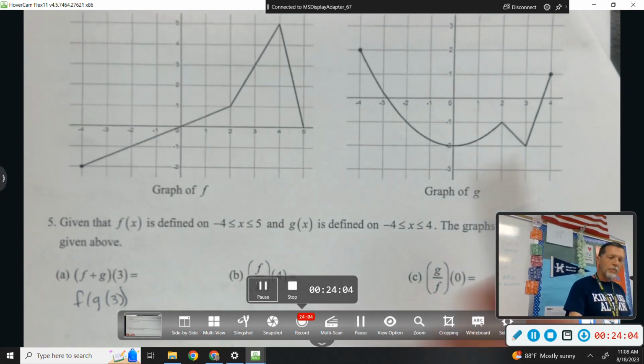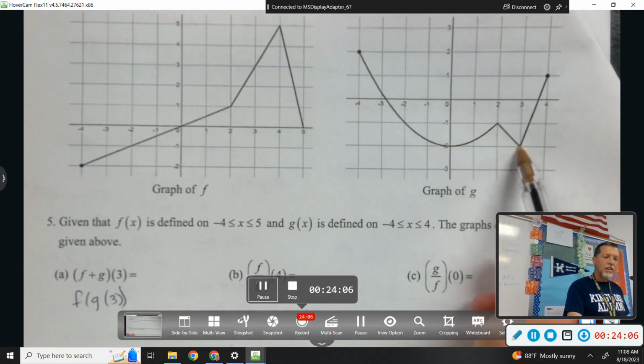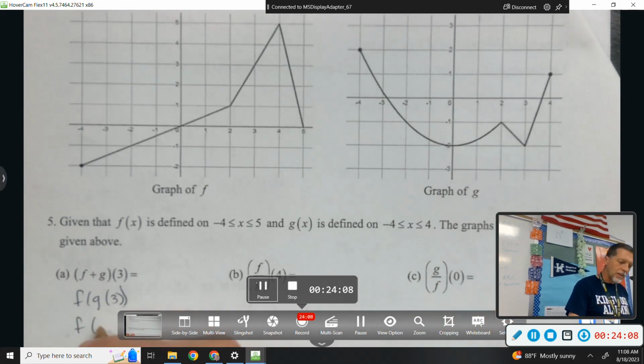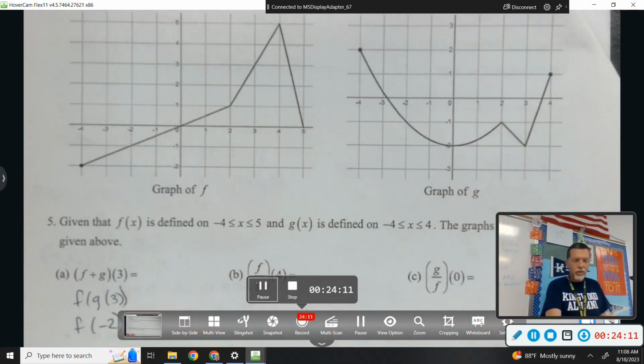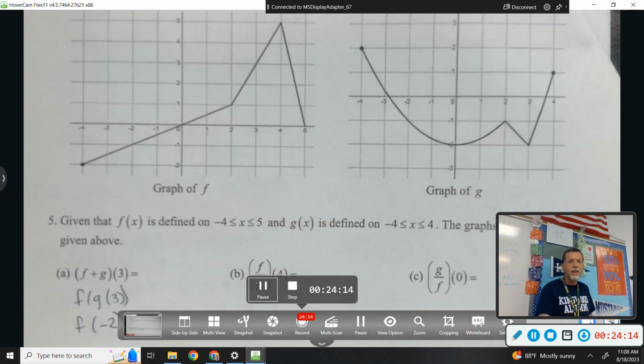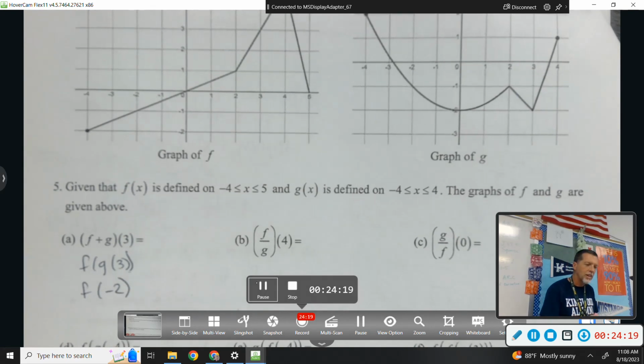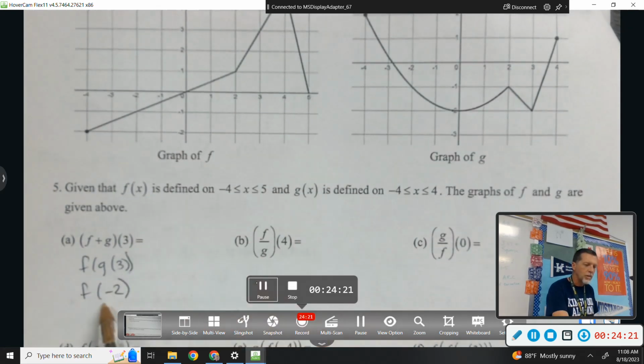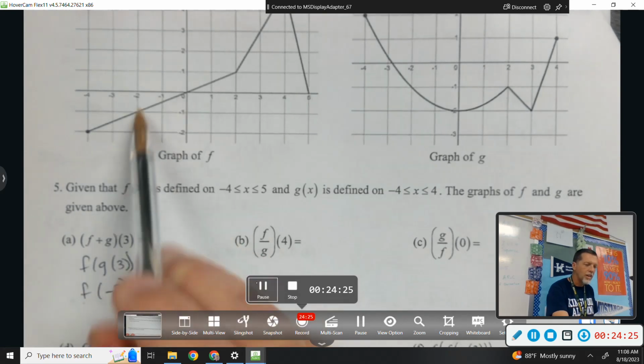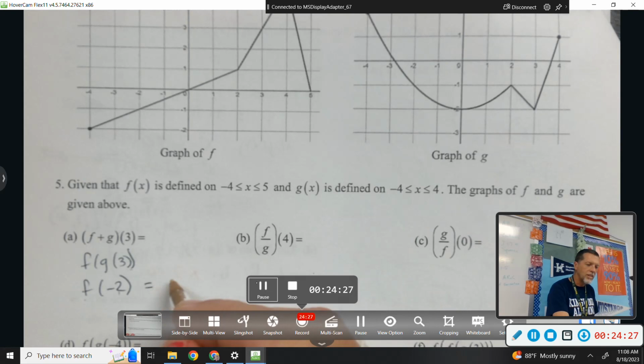I'm looking on the graph of g. Y value is negative 2. So these are supposed to go quick, but you've got to know how to read the graph and what you're looking for. How about f of negative 2? What's that equal to? So the x value is negative 2. I'm looking at the graph of f. So the answer is negative 1.